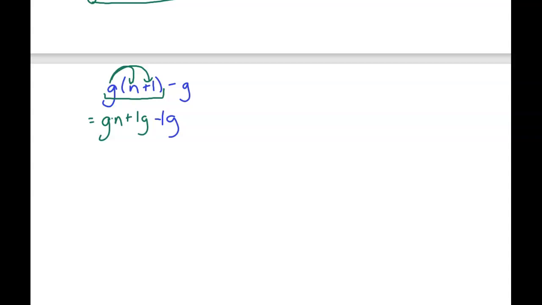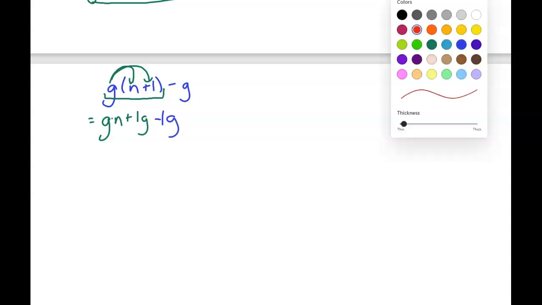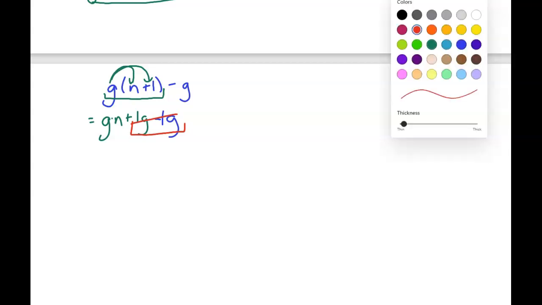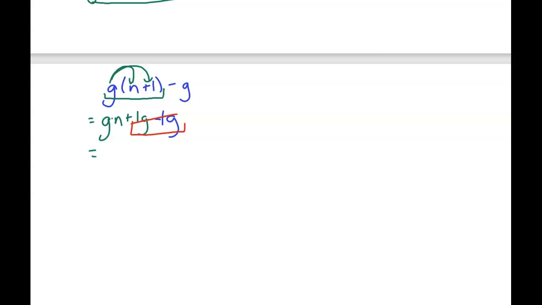And I did that because if you'll notice now, these two are like terms. I have a 1g and a 1g. So a positive 1g minus 1g, those actually subtract out, leaving me strictly with a gn.